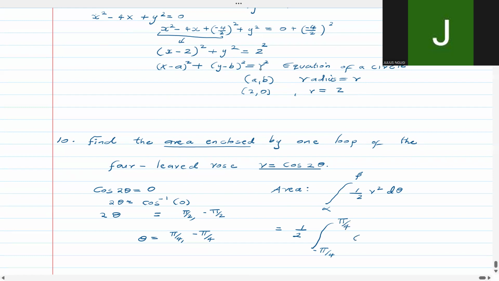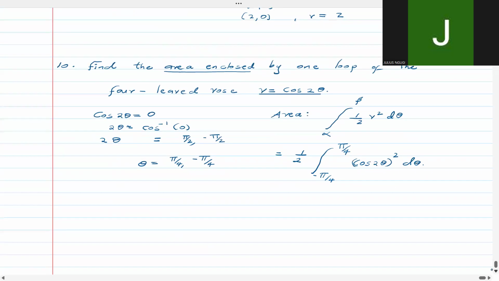The r we have is cosine of 2 theta, so you square it with respect to theta. Going to the identity, area equals a half, from minus pi over 4 to pi over 4.